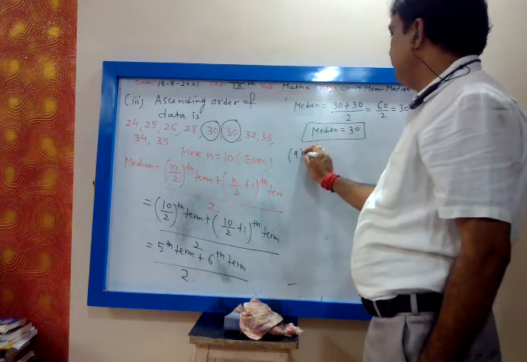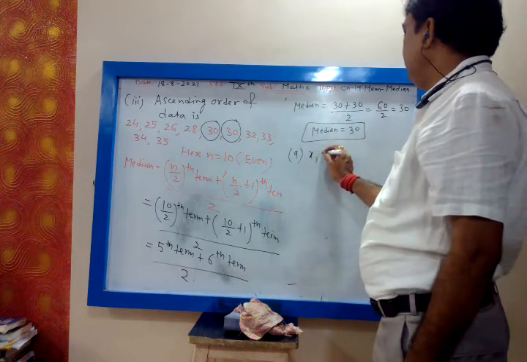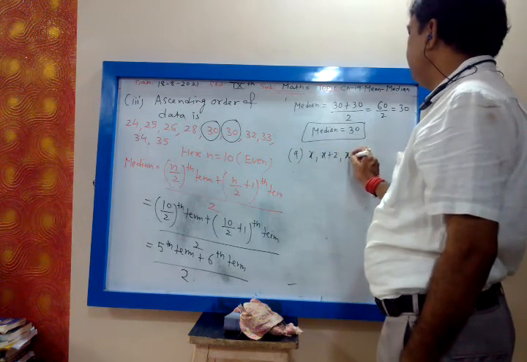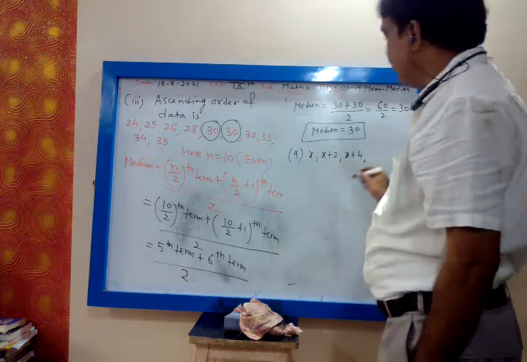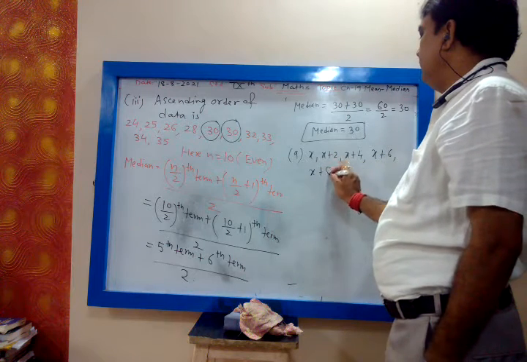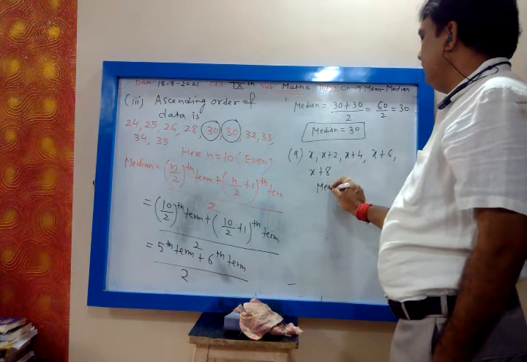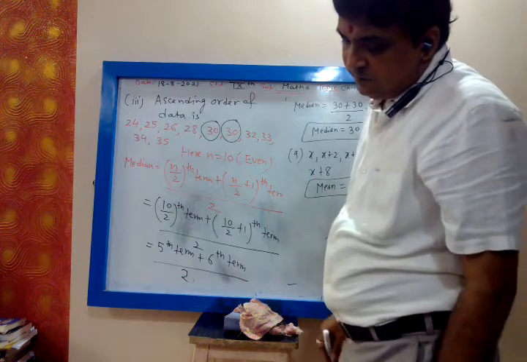Now which one? Ninth one. The mean of x plus 2, x plus 4, x plus 6 and x plus 8. Here the mean is given as 11.